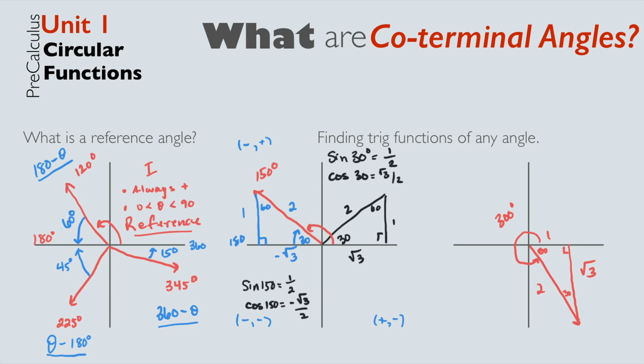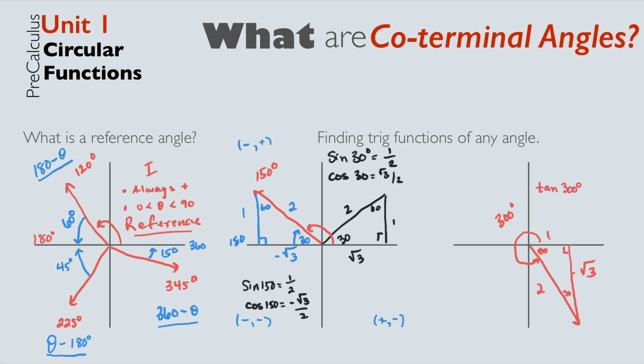Which ones are negative? Well, in the fourth quadrant, if this was a coordinate, you would go positive in the x direction, then down, negative in the y direction. The y is negative. If I had said, what is the tangent of 300 degrees?